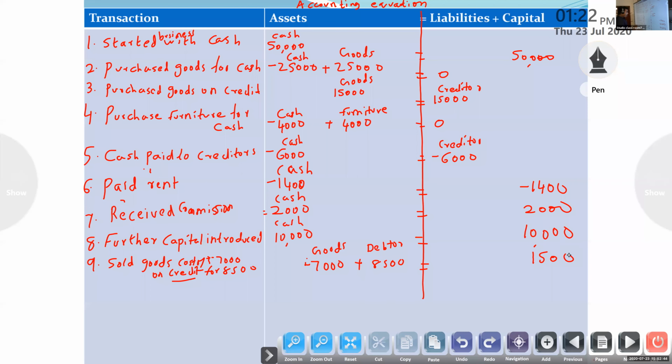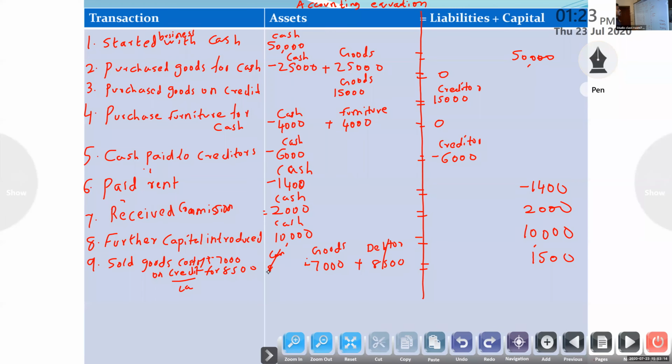Suppose it is on cash, means debtor won't come. Instead here it will come cash. Instead of debtor, cash, you have to write 8,500. If sold goods is for cash, means cash plus, goods minus.